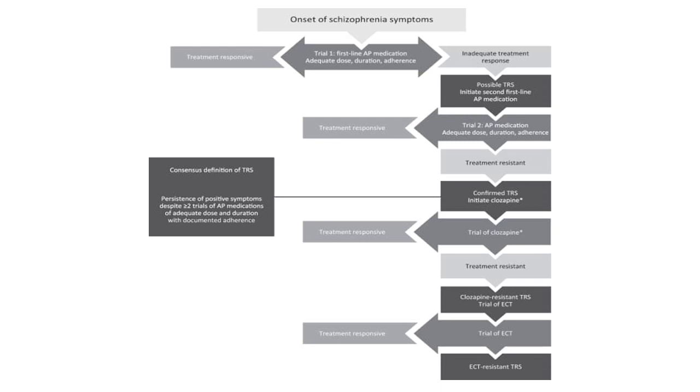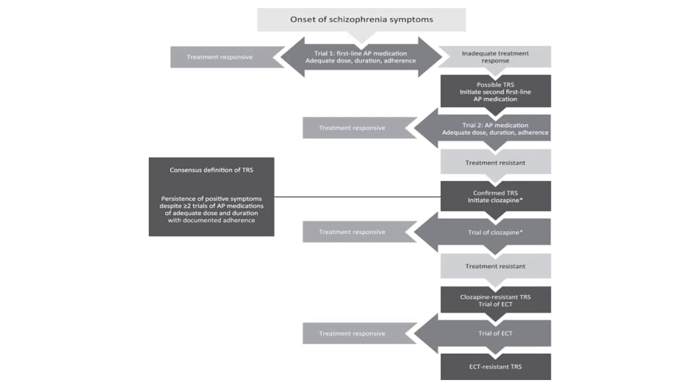And what is treatment resistant schizophrenia? As we have discussed before, this is a persistence of the positive symptoms despite greater than or equal to 2 trials of the antipsychotic medications of adequate dose and duration, with documented adherence.